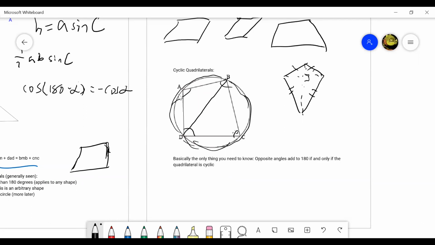Each of A and C are equal to 1/2 of the degree measure of the respective arcs. And the two arcs add up to 360 since it's an entire circle. So these two angles must add up to half of that, or 180. That is why opposite angles add up to 180 in a cyclic quadrilateral.